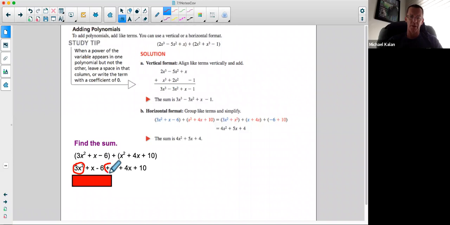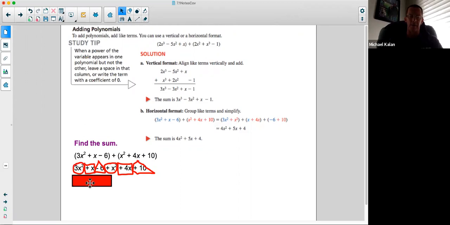So I'll circle the two squared terms. Maybe I'll put squares around the terms that are to the first power. And maybe for the constants, I'll put triangles, okay? You don't want to make it so messy that it's hard to figure out, but you get the picture, right?